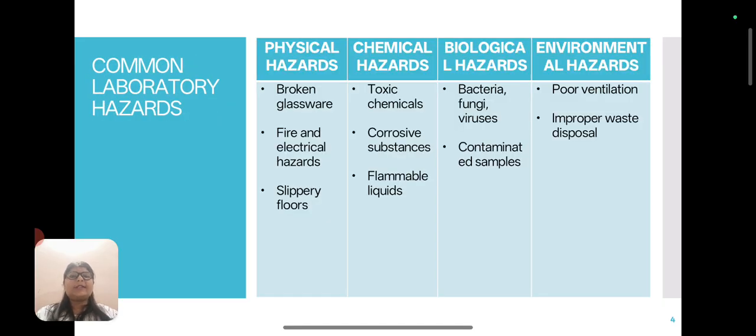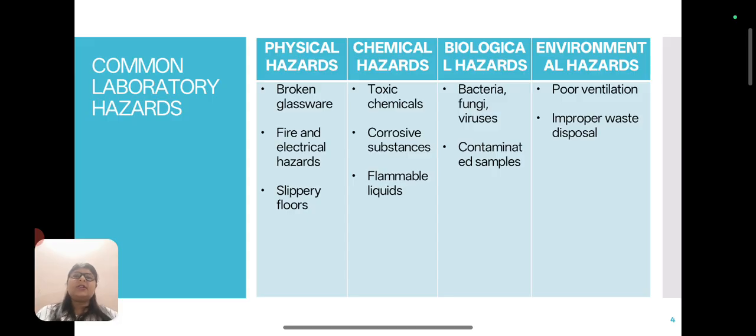Now let us look at some common laboratory hazards. Physical hazards. These include broken glass, electrical shocks, fire, or slippery floors that may cause injuries. Chemical hazards. These include some chemicals which can be poisonous, corrosive, or even highly flammable, so they must be handled carefully in order to avoid any sort of accidents.